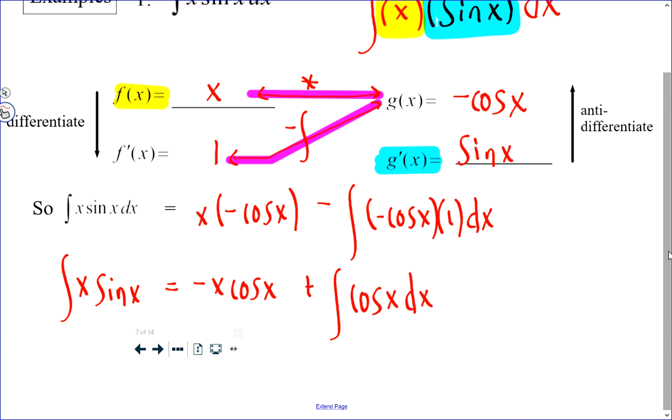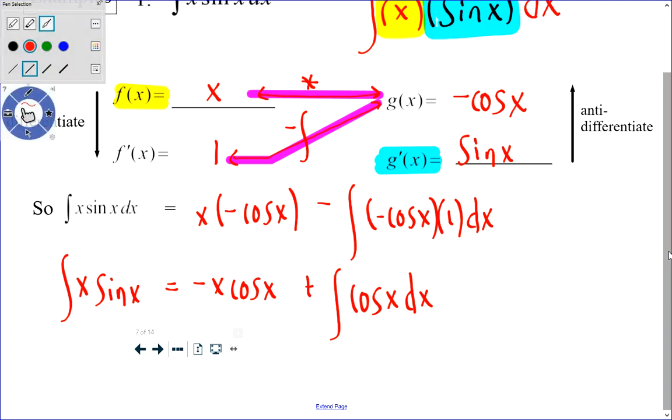And what I've done in going from that last line to the present line is I've factored the negative 1 out of the integrand. So I am factoring out of negative cos x times 1 times dx this negative 1, and I'm combining it with the negative 1 that is outside of the integral to get a positive integral of a positive integrand.